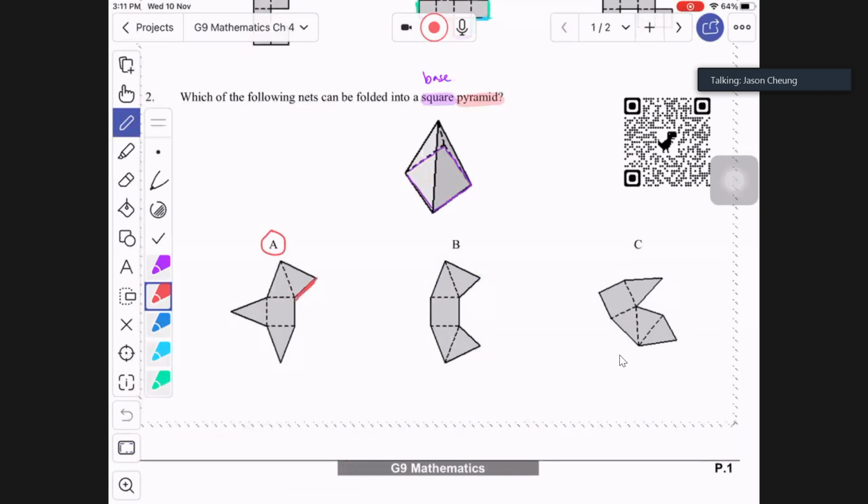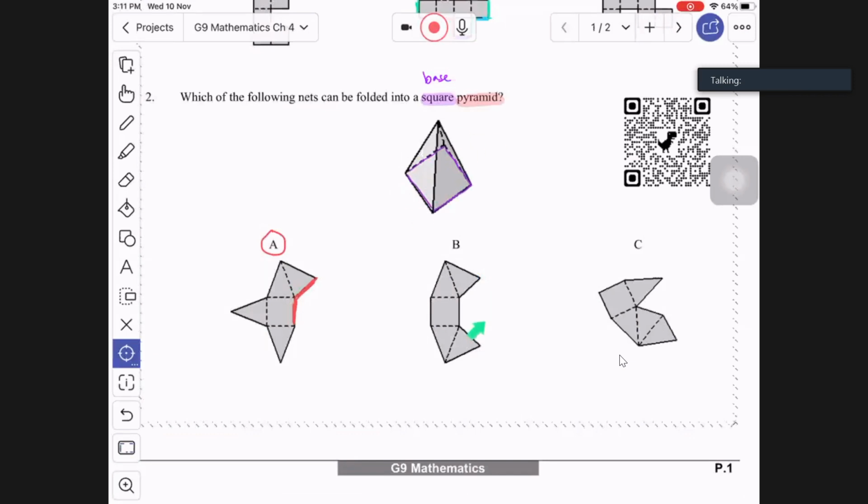This side will stick with this side. After these two sides have been combined, we can see that these two triangles go up, this triangle goes up, and then we can form a square pyramid.